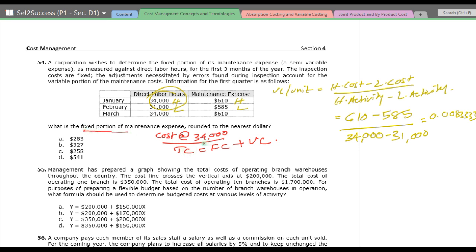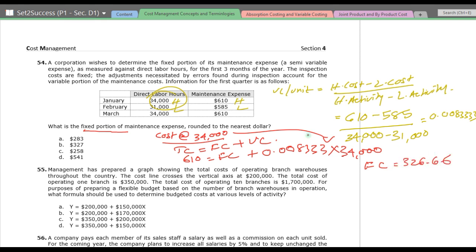The total cost at 34,000 units is 610, and fixed cost we need to find out, the variable cost is 0.008333 into 34,000 activity. So by solving this equation, fixed cost comes to be 326.66, which is 327.